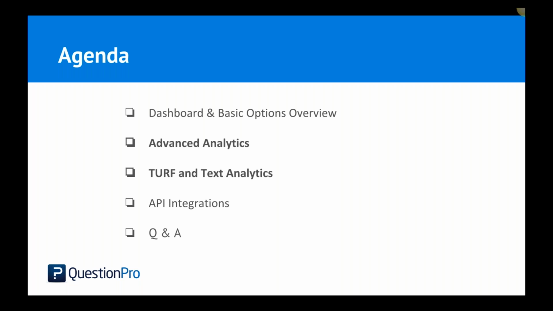We'll also look into some interesting tools that I don't feel a lot of people are using nearly enough, such as our turf analysis tool and text analytics. So we'll dive into that as well.